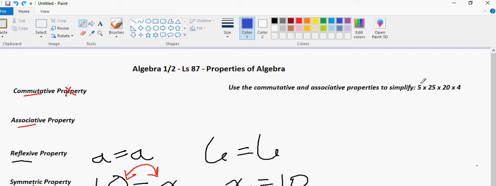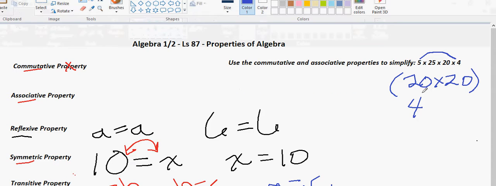So let's put 5, using the commutative property, 5 times 4 is 20. What do I still have left over? I've got the 25 and the 20. Well, 20 times 20, let's associate those together. That's easy, because 2 times 2 is 4, and I've got 2 zeros, so it's 400.